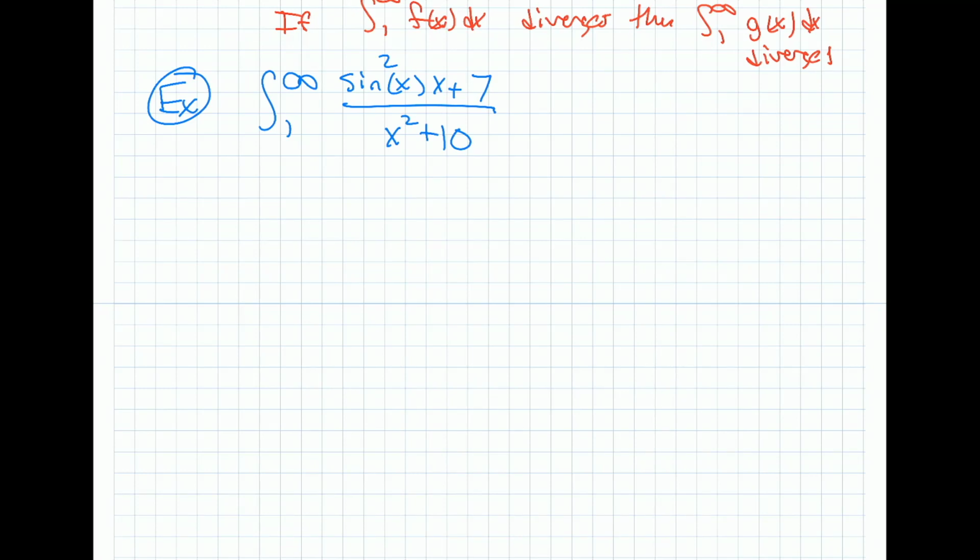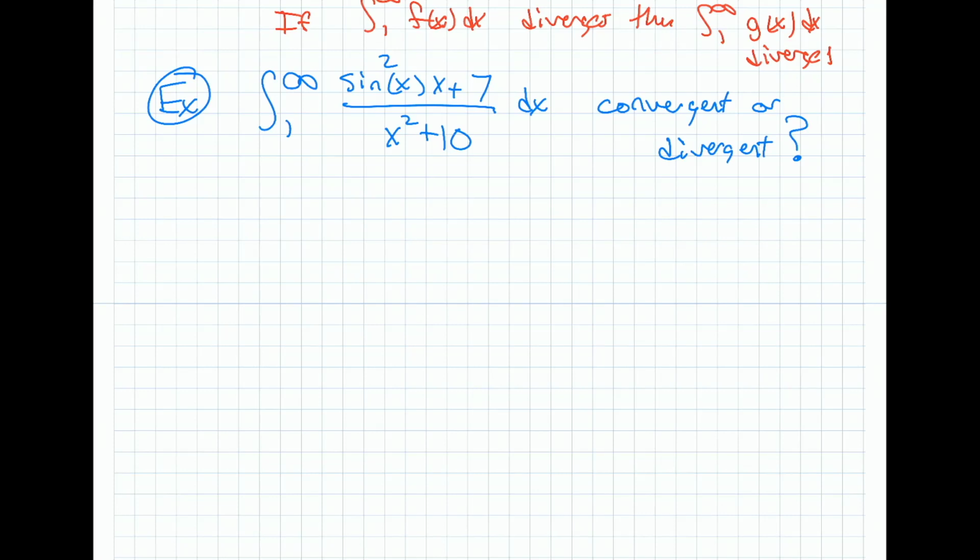Okay, and we're not going to find the integral. We're just going to say convergent or divergent. That's all we can say. We're not going to come up with a number. Convergent or divergent. All right.